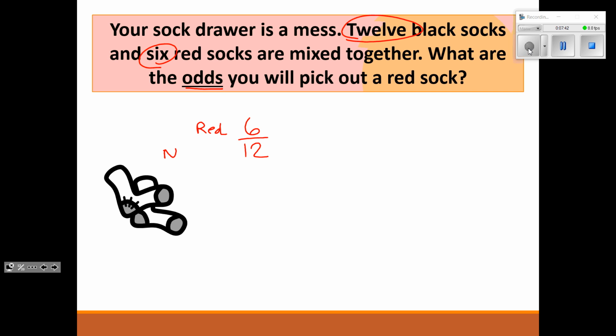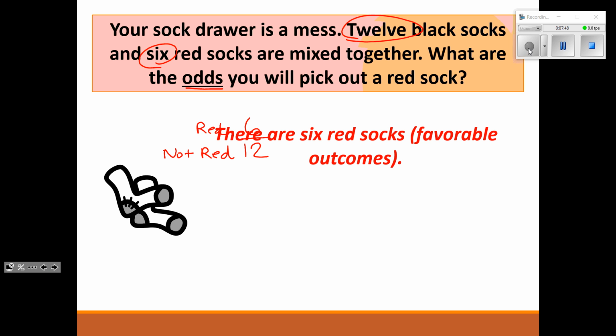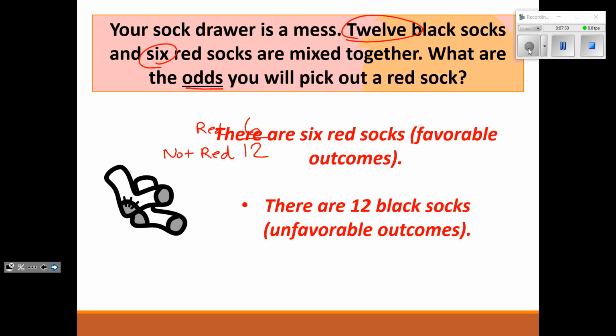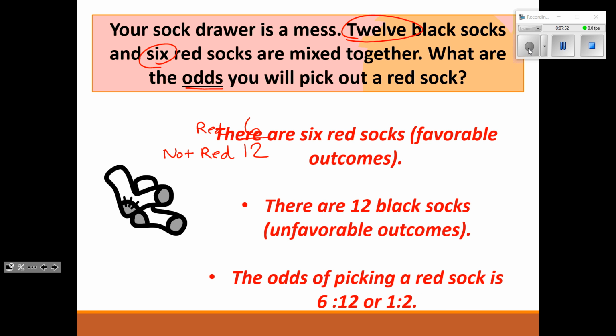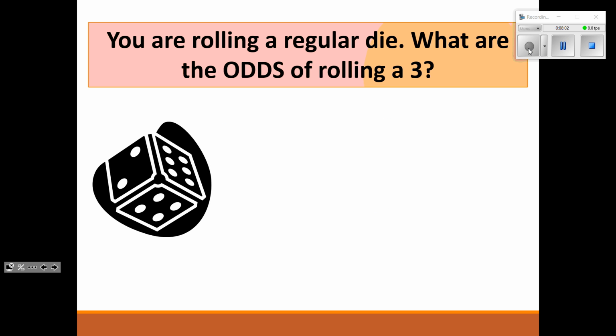These are the not red. Favorable, not favorable. So it is 6 to 12, and 6 to 12 can be simplified to 1 to 2. So odds works differently. You're not going to turn that into a percent. You're just going to say the odds are 1 to 2. 1 favorable to 2 unfavorable.